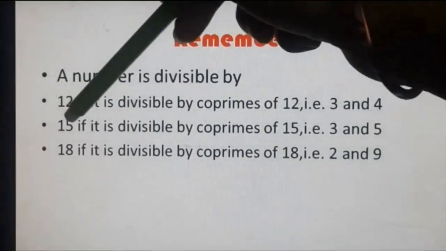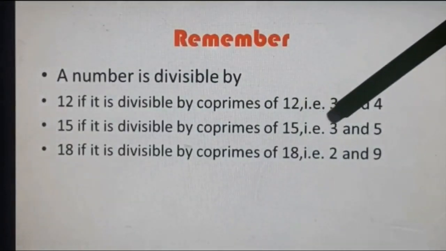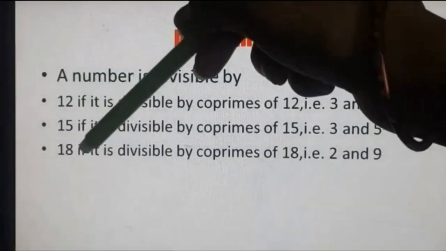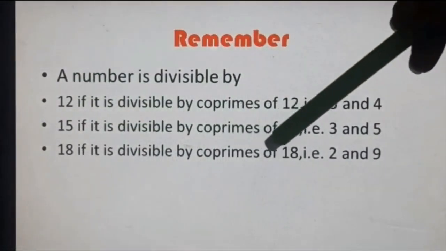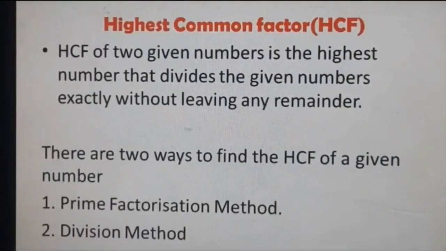A number is divisible by 15 if it is divisible by co-primes of 15, that is 3 and 5. And a number is divisible by 18 if it is divisible by co-primes of 18, that is 2 and 9. If the given number is divisible by 2 and by 9, then it will be divisible by 18 also. Now next is highest common factor.